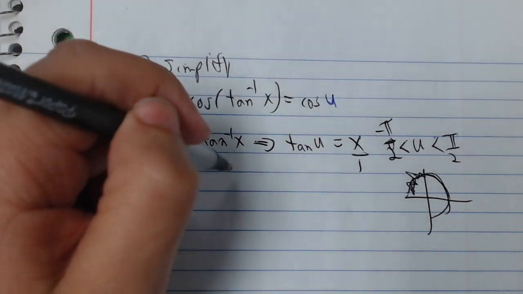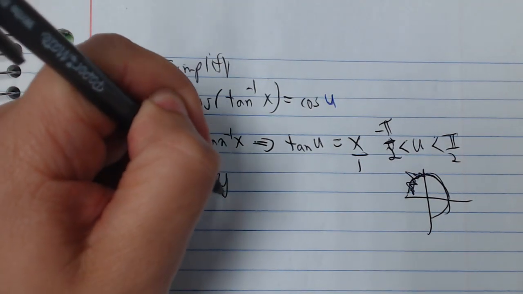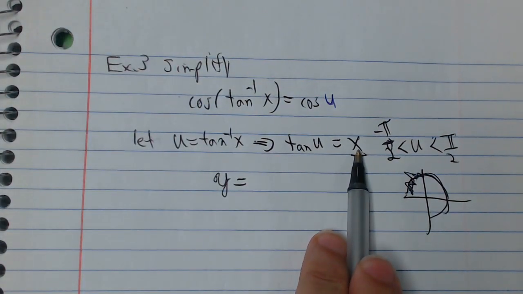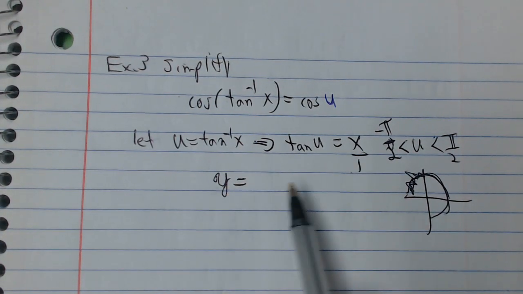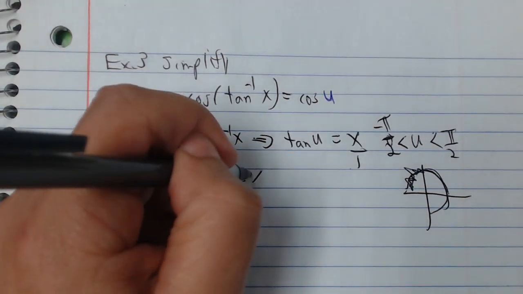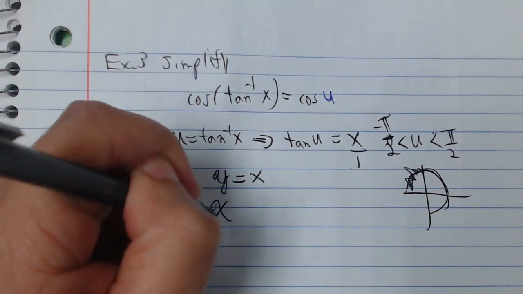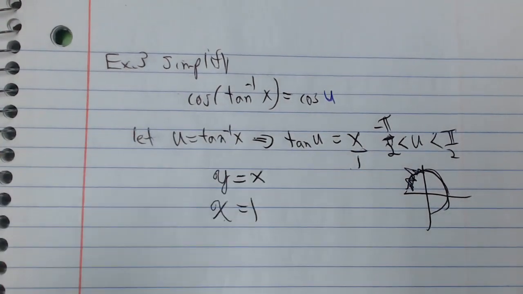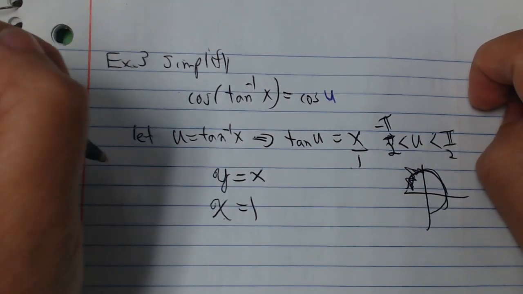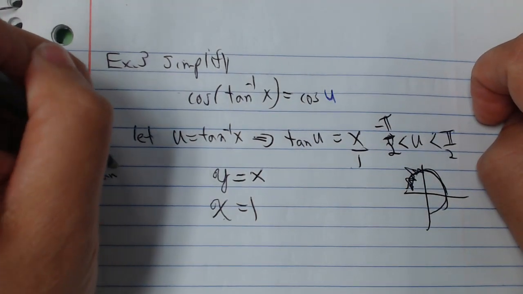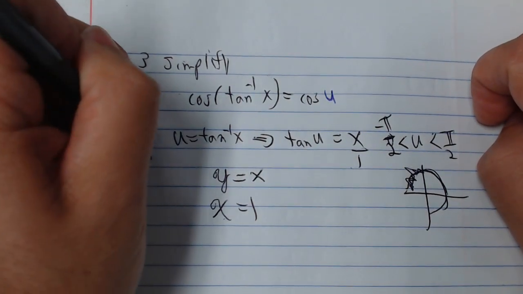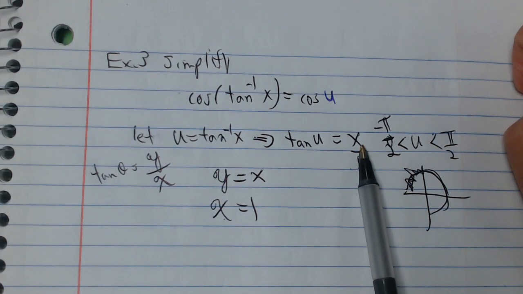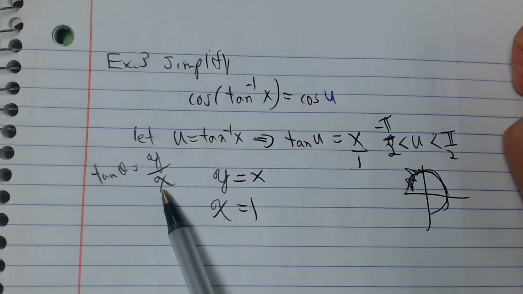By definition, tangent of theta is script y over script x. Here, y is just x, and script x, because it isn't the same thing as that x, is just 1.